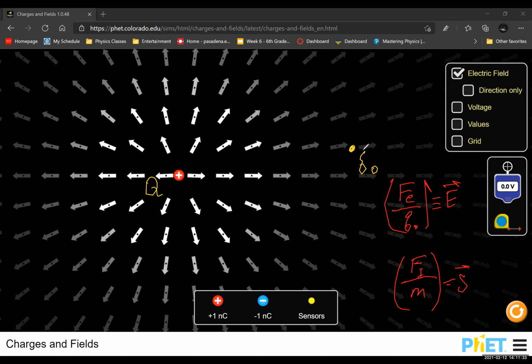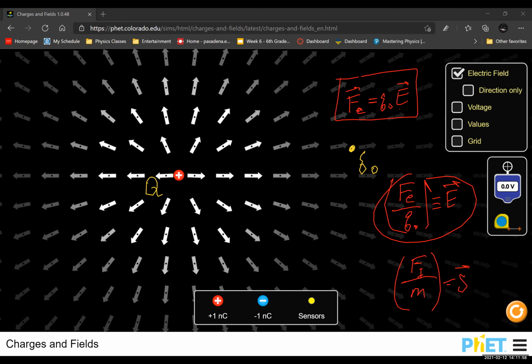That's why as soon as I place that test particle over there, there's going to be force acting on it. And this force, if I rearrange this equation, right? So you can see that the electric force is equal to the test particle's charge times the electric field that is already present over there. So I can see that as soon as I put it there and let go, there's going to be force acting on it.